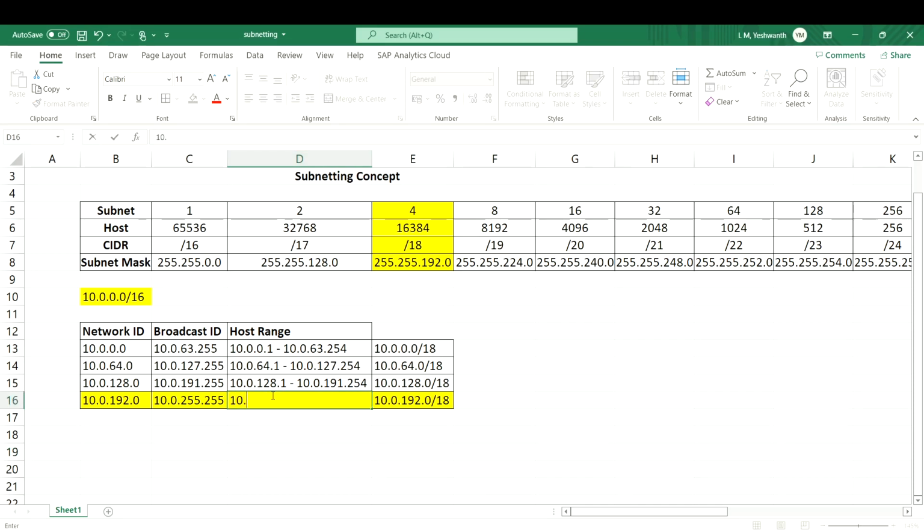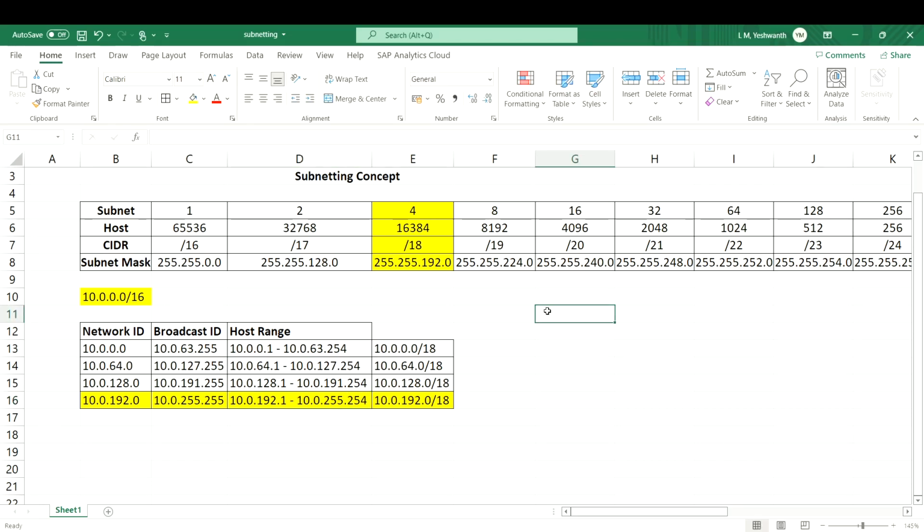Last one, we don't need this, but still we'll write it. 10.0.192.1, okay, so 10.0. So here is the key thing. So it should be 255.254. That is all, right? So this is how you can calculate your entire subnet.